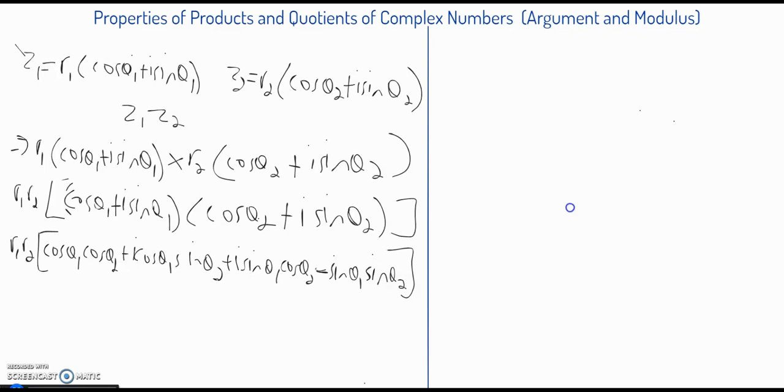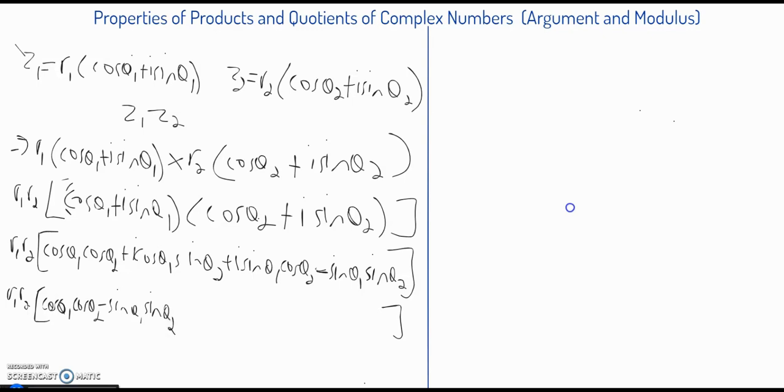Now likewise, once we expand a complex number, the next process is always to group the real parts and the imaginary parts. So I'm going to have back my R1 R2 outside, and I'm going to do some grouping on the inside. So I'm going to have cos theta 1 cos theta 2 minus sine theta 1 sine theta 2. That would be my real part.